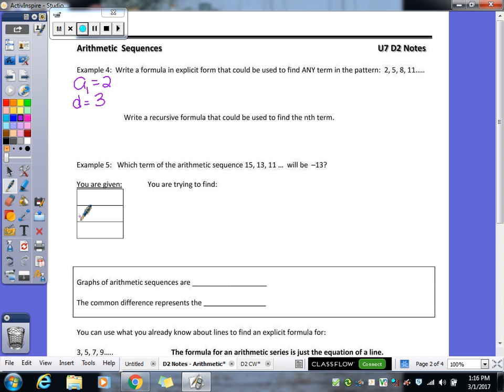No. So n is going to stay as n for now because they want us just to write a general formula. So a sub n equals 2 plus n minus 1 times 3. So that's an explicit form that could be used to find any term. We would just have to then plug in for our n.